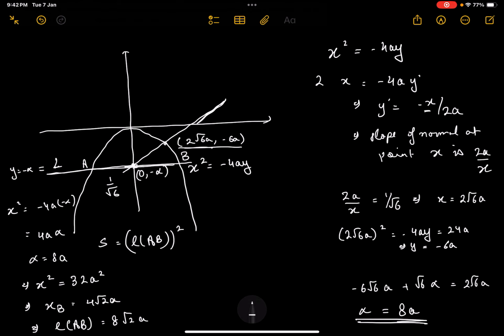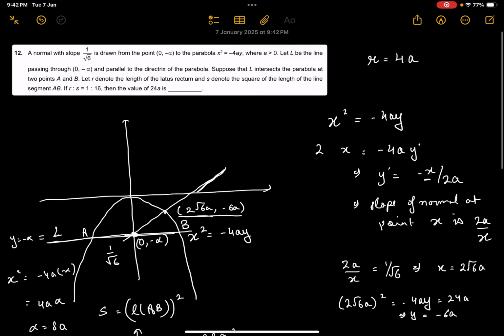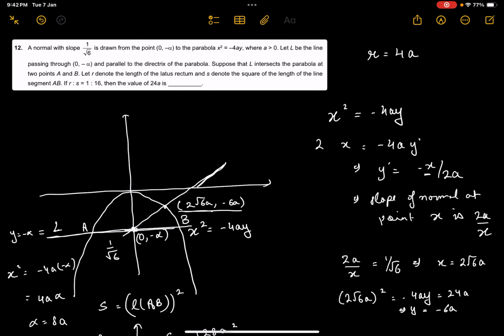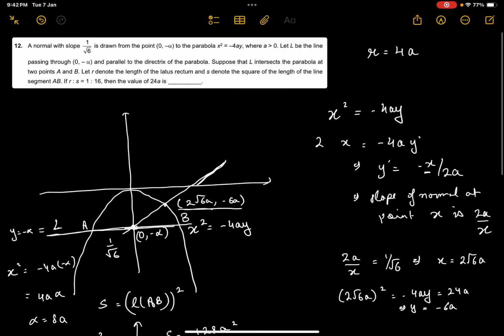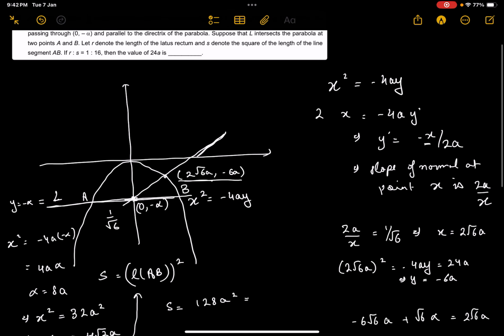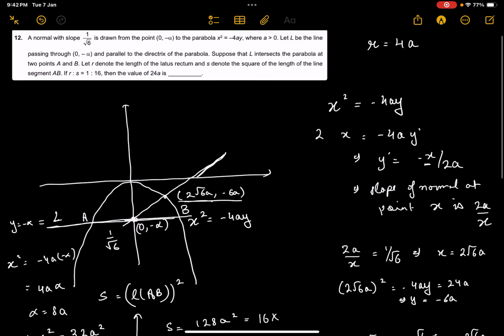So substituting this here, we get S equals (8 root 2a) squared, which becomes 128a squared. And we are given that S is 16 times R, which is 16 into 4a.